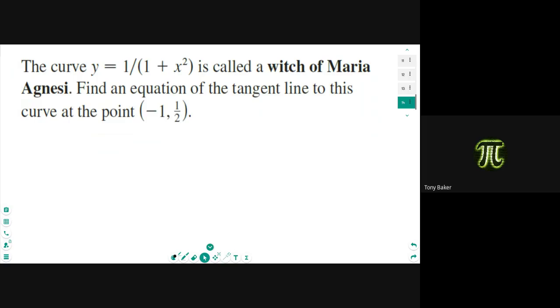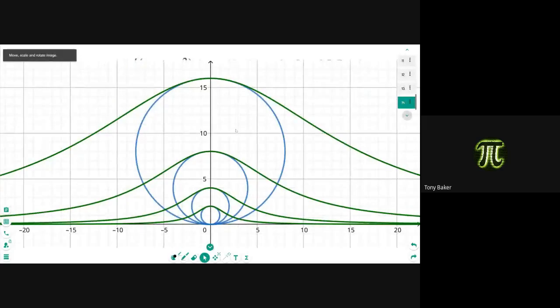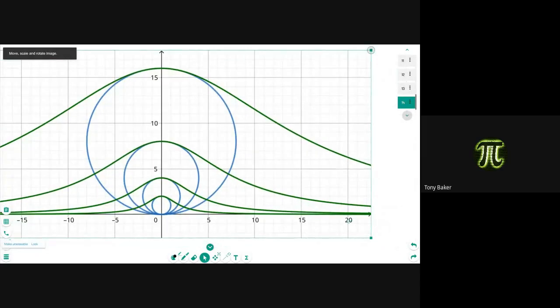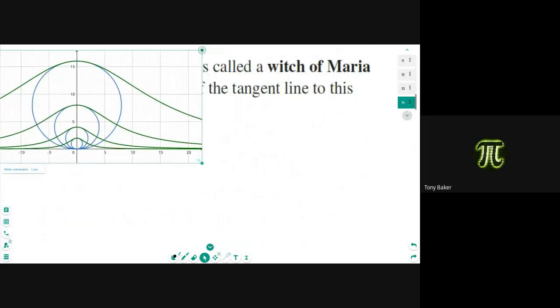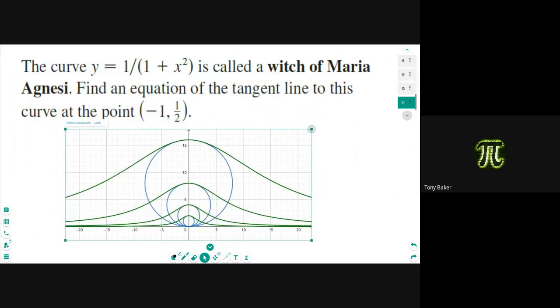So this is the curve. This is what the curve looks like. It's actually a variety of problem graphs, but it's the curve at the top of a circle.